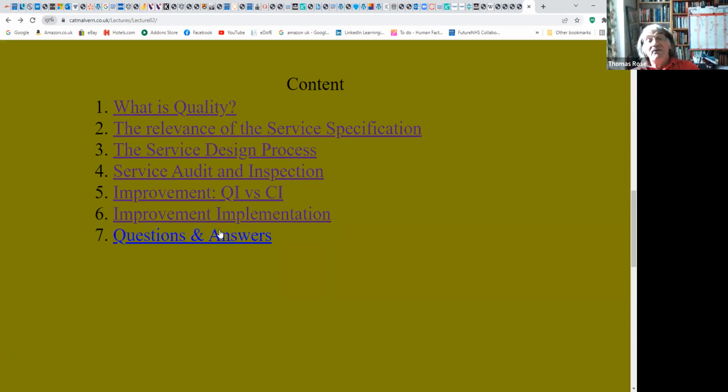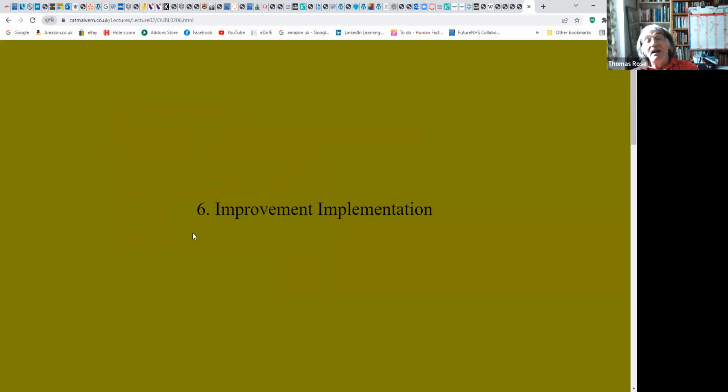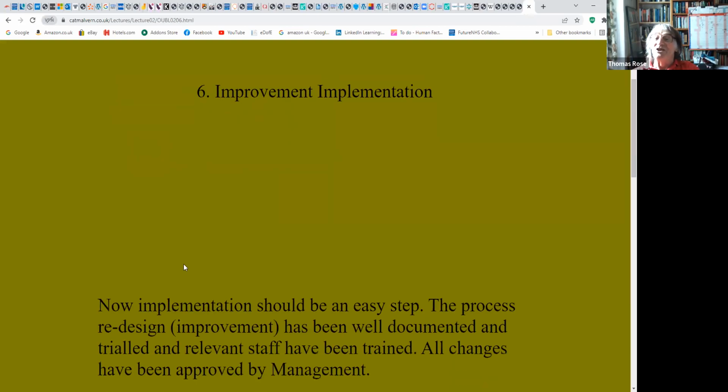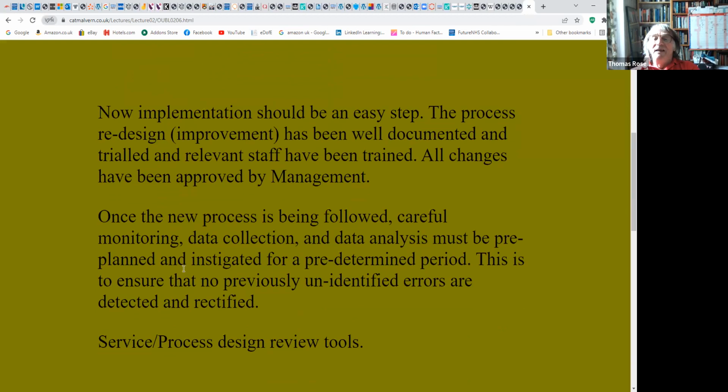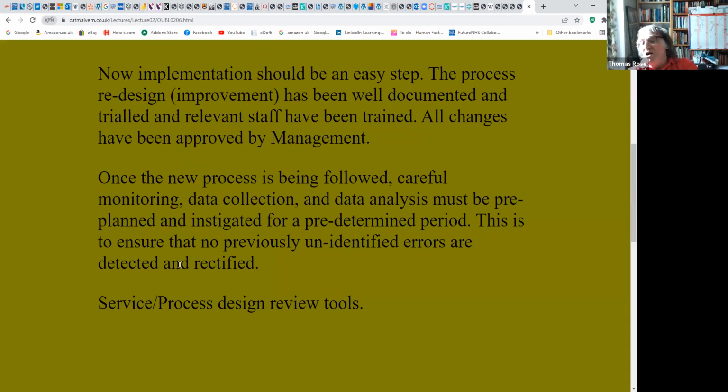And finally, then, improvement implementation. I don't know how a lot of the QI projects are implemented. I guess quite a lot of them aren't, because they cost money and they require change. There certainly isn't any spread across the NHS from individual improvement projects, which is a crying shame.